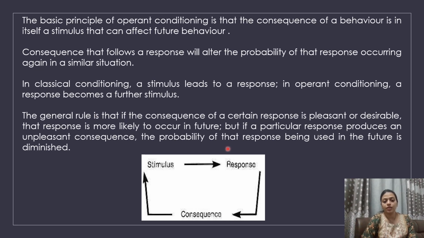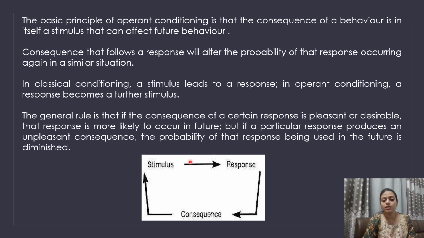The general rule here is that if the consequence of a certain response is pleasant or desirable, the response is more likely to occur in future. But if a particular response produces an unpleasant consequence, then there is a probability that the response will be diminished in future. So it is based on response, consequence, stimulus.